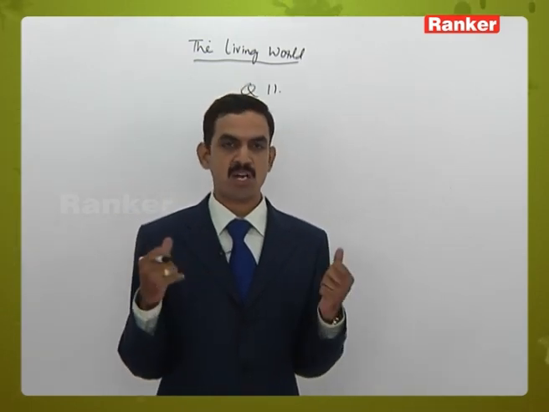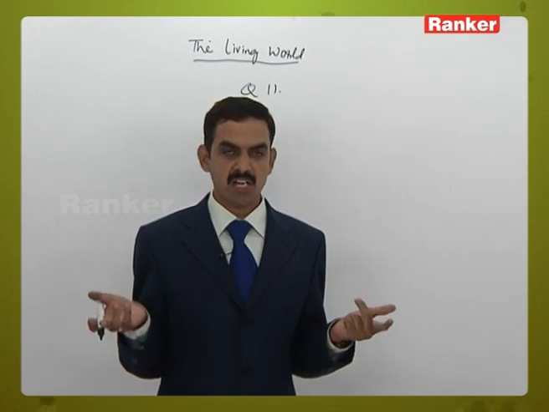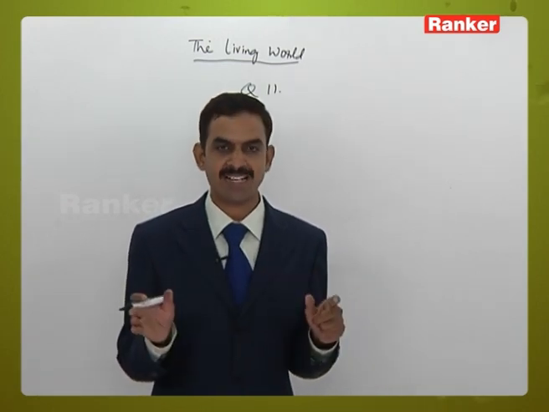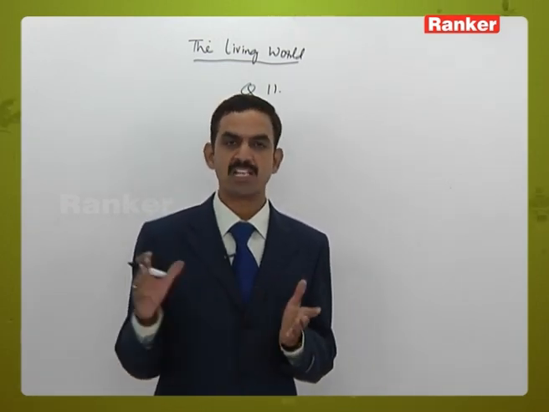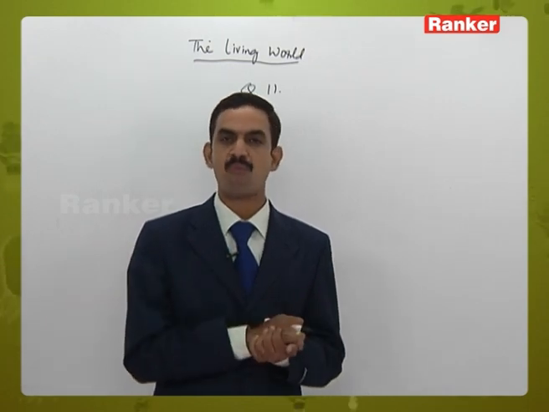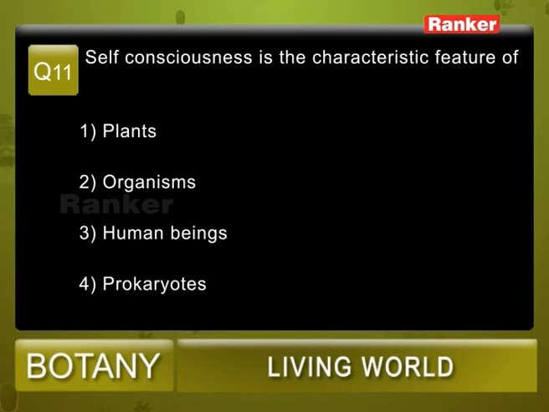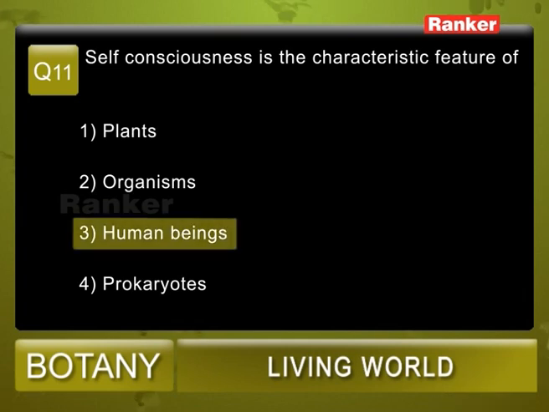Plants do not have such consciousness, and all organisms is not the correct one, and prokaryotes are primitive organisms that do not have self-consciousness. So question number 11, the correct answer is 3.